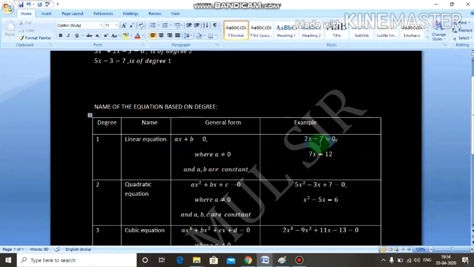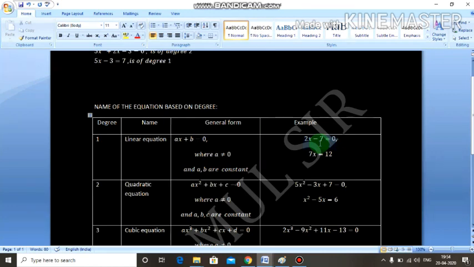Here x is the variable, and the degree, that means the highest power of the variable, is 1. So this is a linear equation. There are many examples for quadratic, cubic and biquadratic equations, but our focus is on linear equations. Actually, the name equation comes from equality.